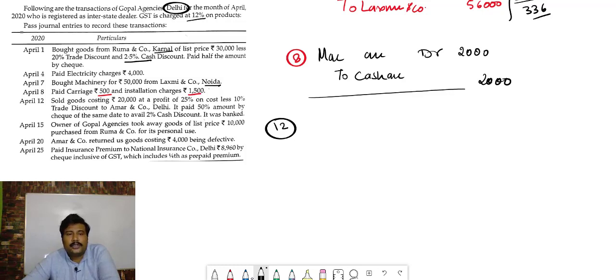Sold goods costing 20,000 at a profit of 25% on cost, less trade discount, to Amar Company, Delhi. It paid 50% amount by check on the same date to avail 2% cash discount. Chalo ji, again we are on the mission of calculation.